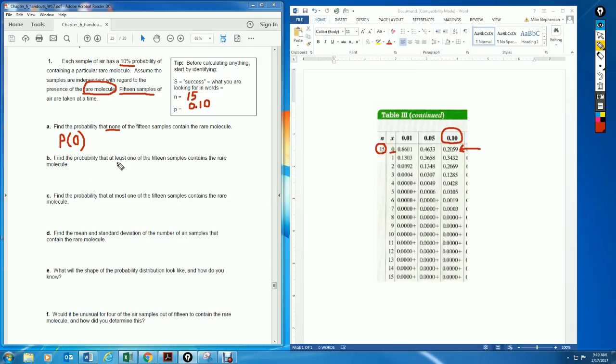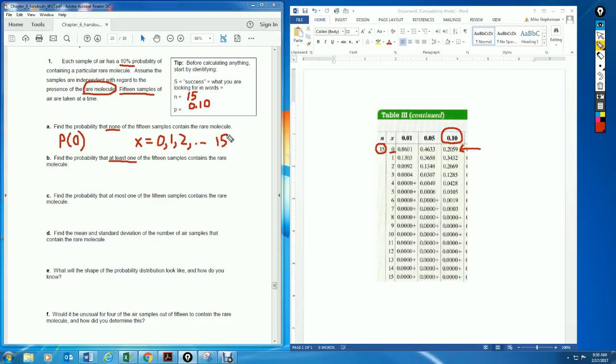Part B, find the probability of at least one. So at least one out of the 15. And again, keep in mind that X could be 0, or 1, or 2, or all the way up to 15.